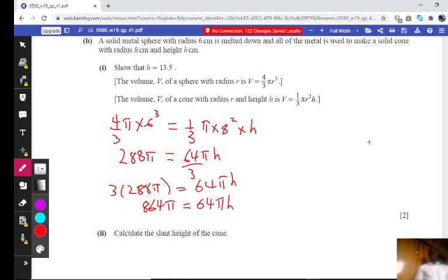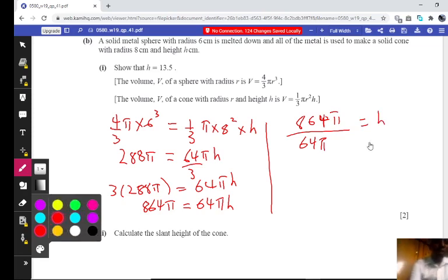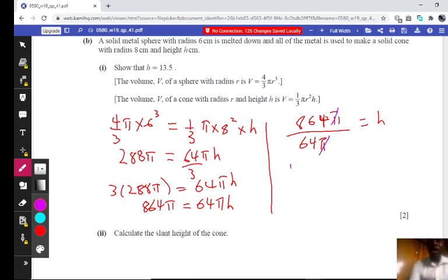Then we divide both sides by 64 pi. So it will be 864 pi over 64 pi is equal to h. Pi and pi will cancel each other out. So h is equal to 864 over 64. You can divide here. You get 13.5 right away. That's the height that you're supposed to show.